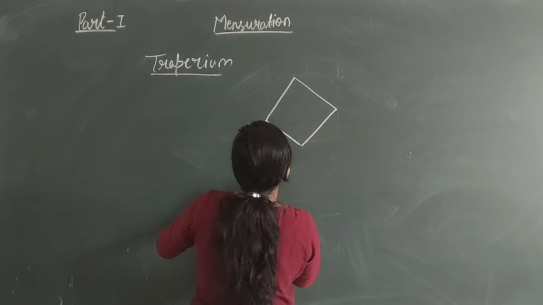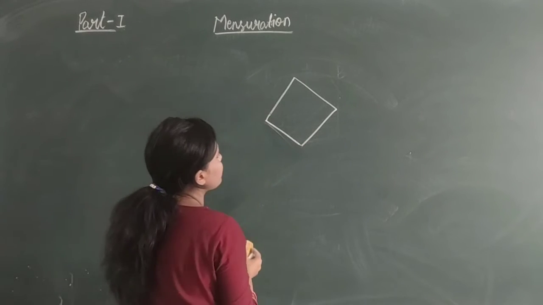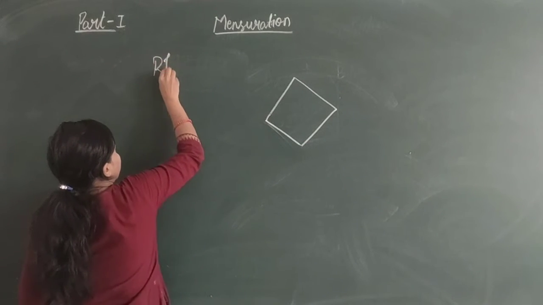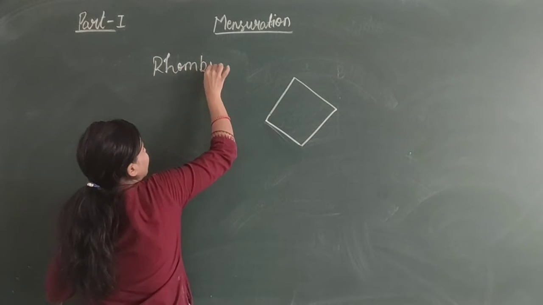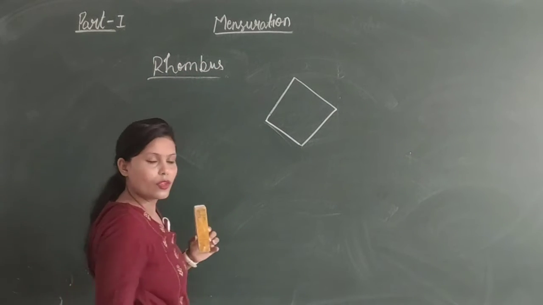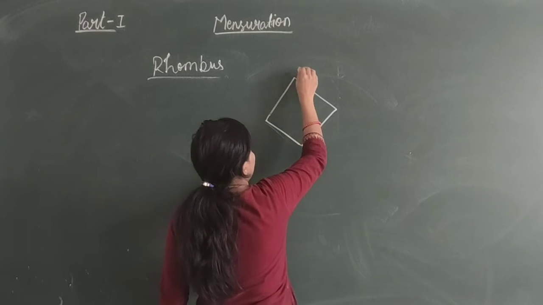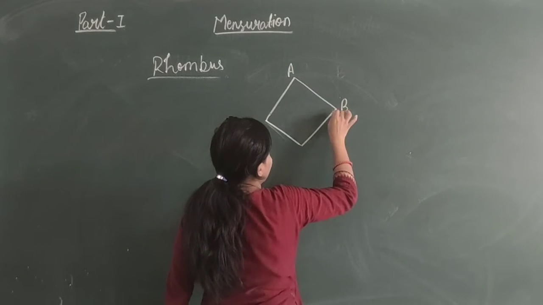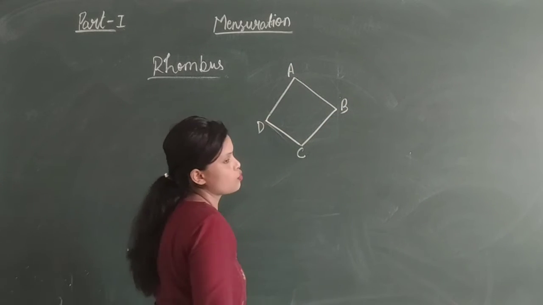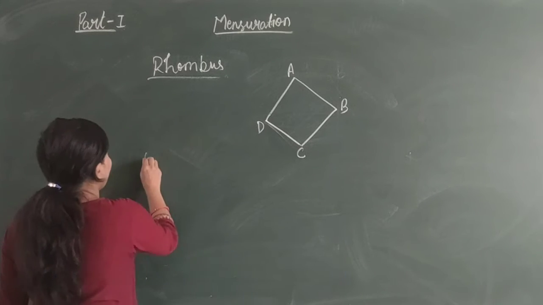Rhombus is just like a square. So this is rhombus A, B, C and D. So what will be the area of the rhombus?